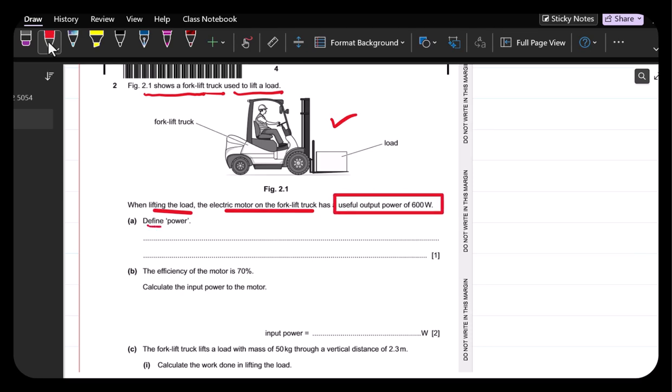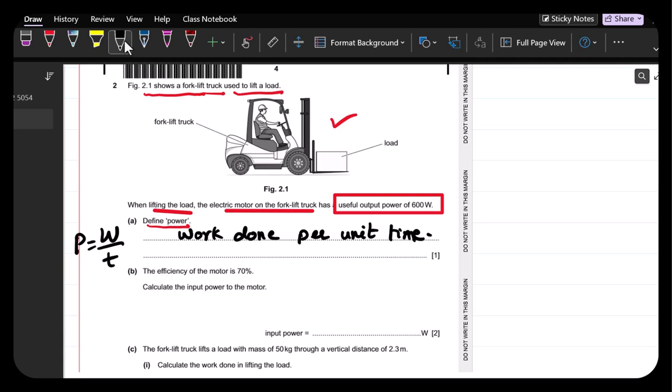So define power. Here you have to write the definition: work done per unit time, because P is equal to W by t.